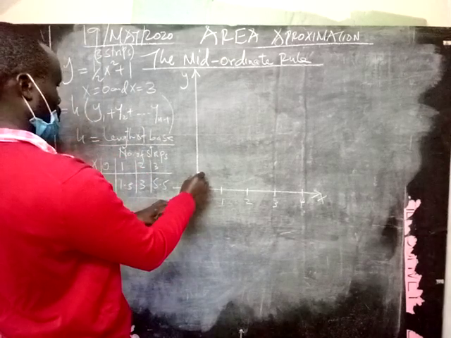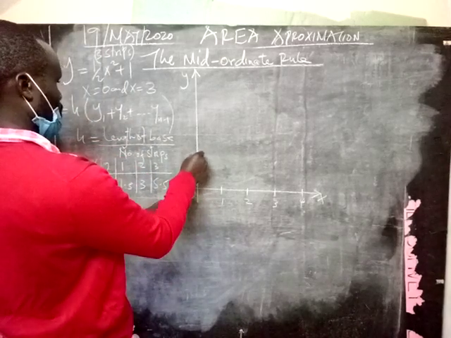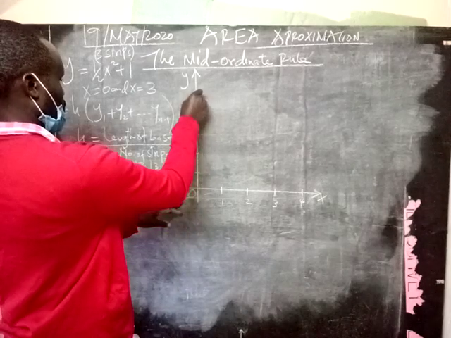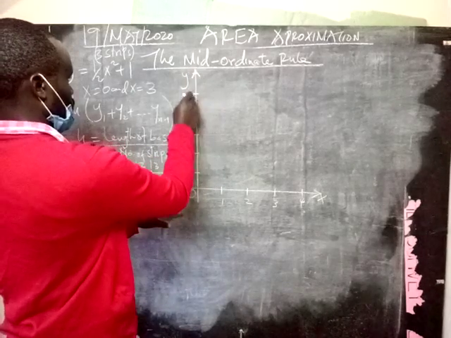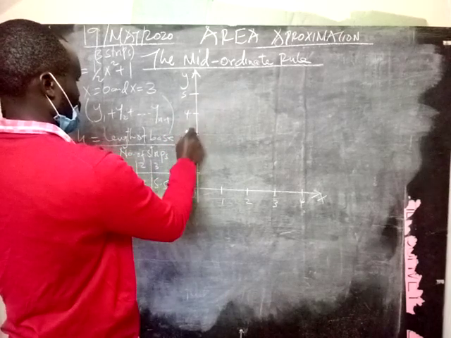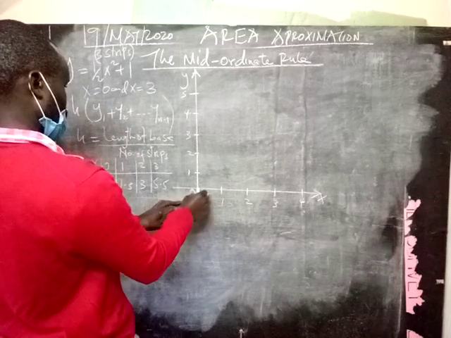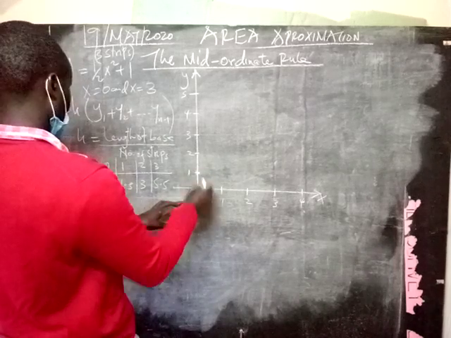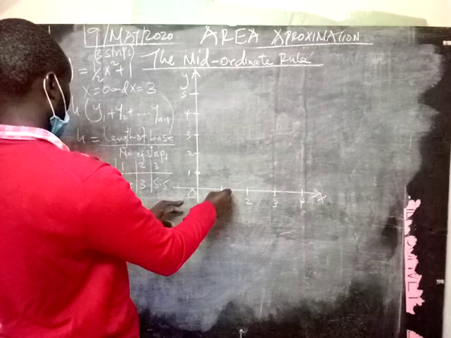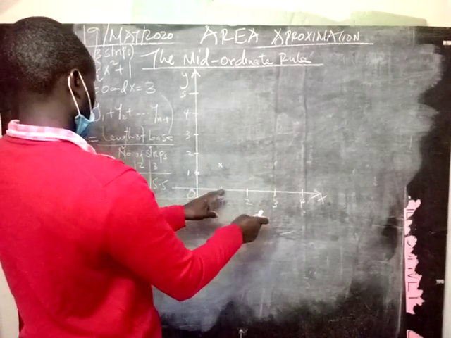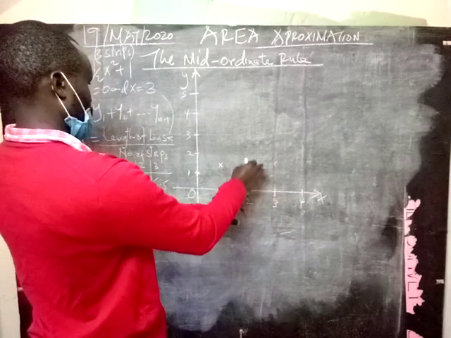So that we will have 1, 2, 3, 4, 5, 6. So that we have 0, 1 here. We'll have 1 and 1.5 here. We'll have 2 and 3.